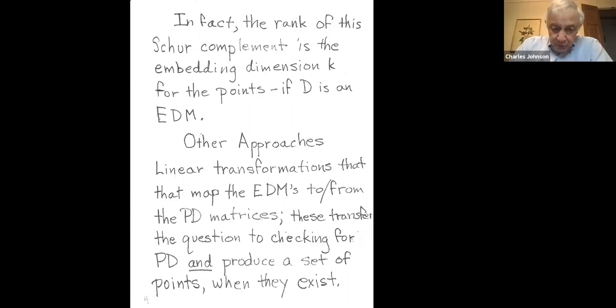This transformation transfers the question to checking for positive definiteness, and it will produce a set of points when the matrix is a Euclidean distance matrix. In other words, it'll produce a set of realizing points via a Gram matrix.